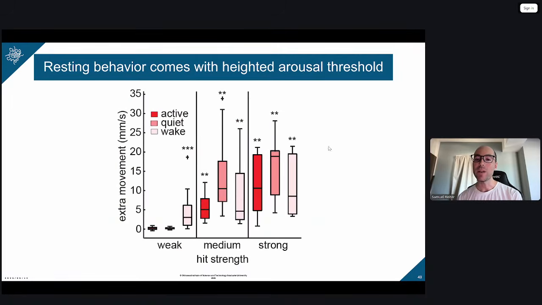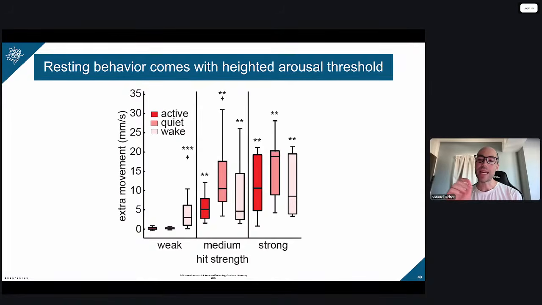We found that when the animal is in active sleep in red, quiet sleep in pink, or wake in this light pink, when we tap the tank really strongly, the animal would always react. So both active and quiet rest are rapidly reversible.